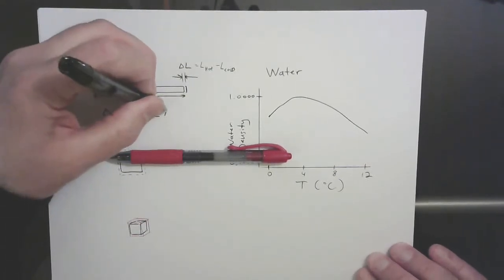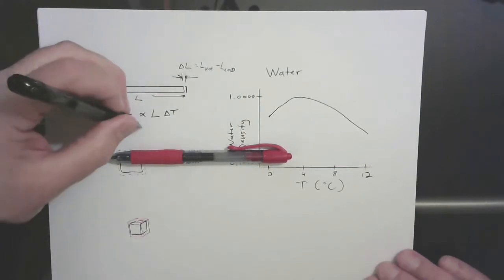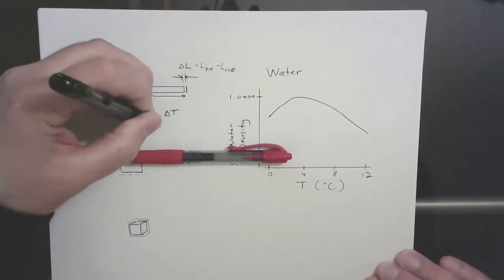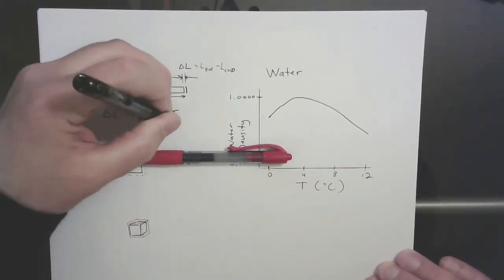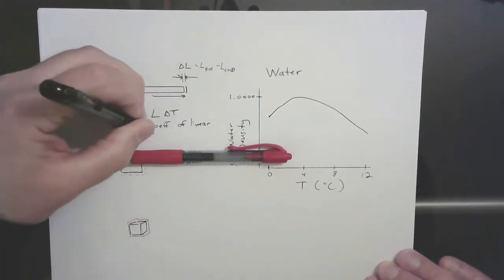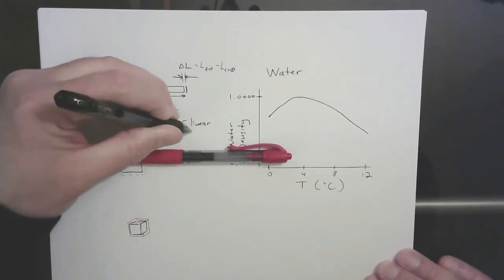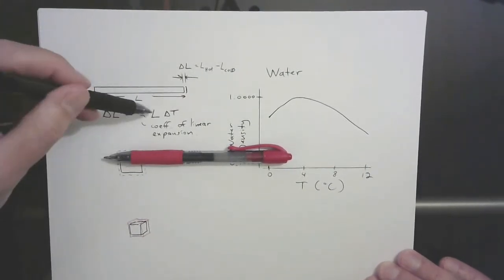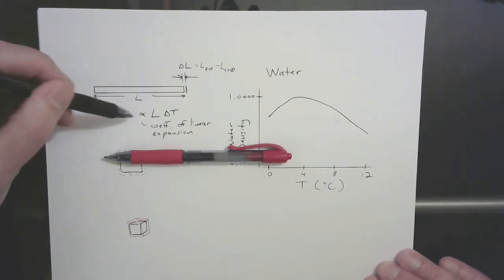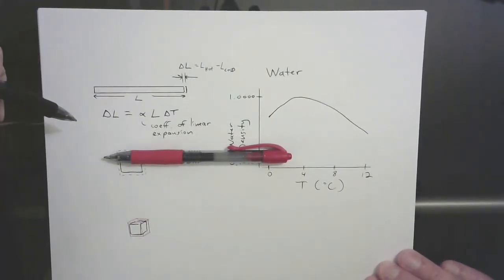And that's all except for the delta T. So that'll be your change in temperature. This is the coefficient of linear expansion. And that's the length of the bar, L, and then delta L is the change in length, and delta T is the change in temperature.